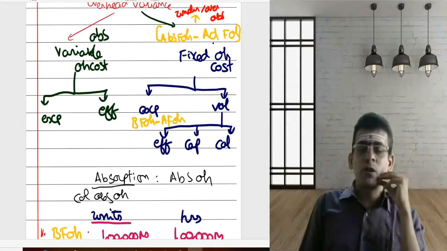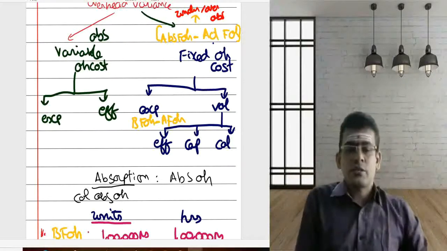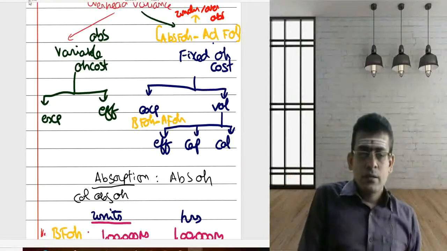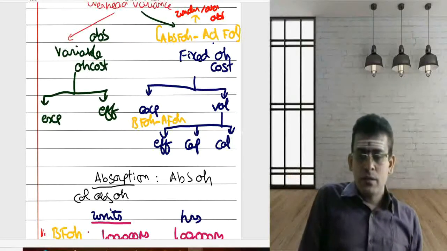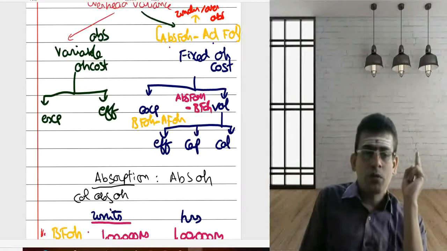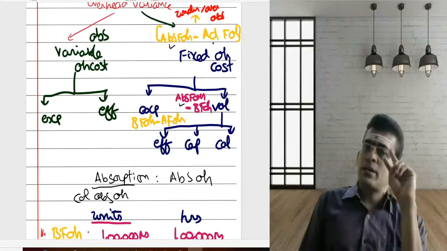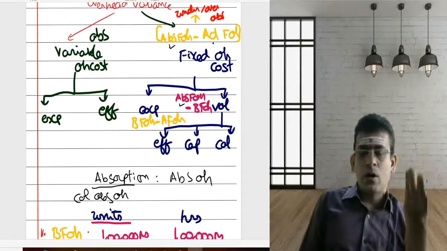Then you are trying to calculate your volume variance. How do you calculate the volume variance? The thing which changes and the thing which does not change. What changes here is nothing but your absorbed fixed overheads. What does not change? Budget fixed overheads will not change. That means if you know your absorbed fixed overheads, you can easily calculate, and the two variances will be automatically calculated.